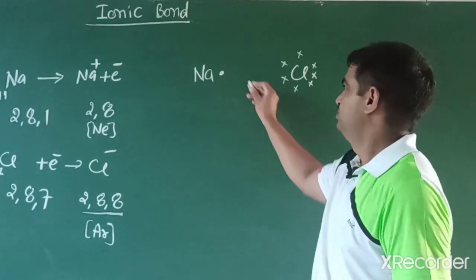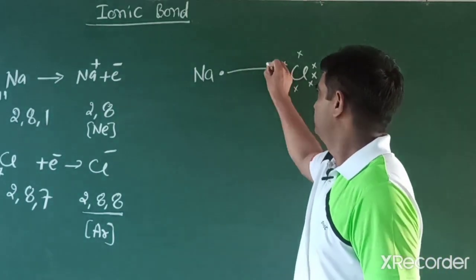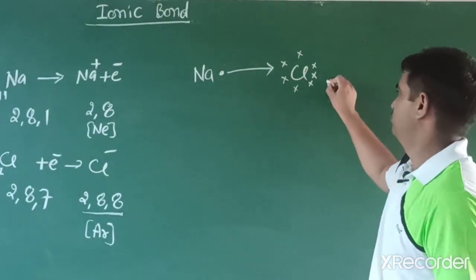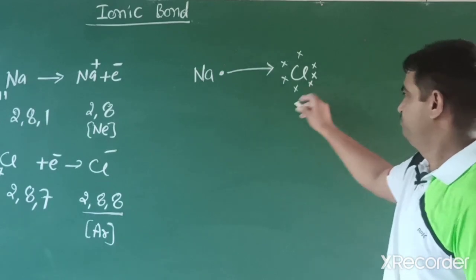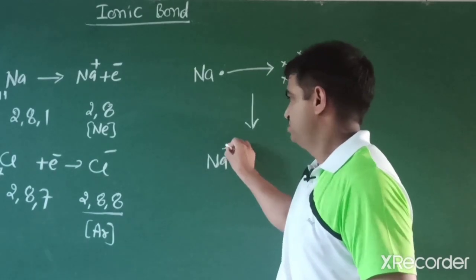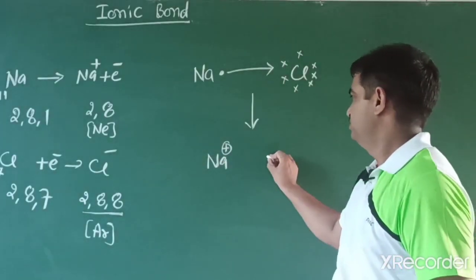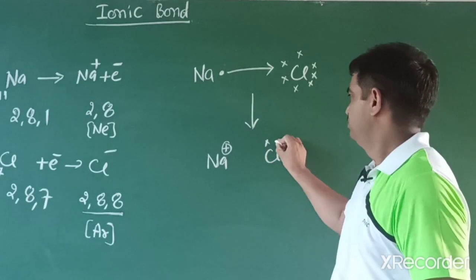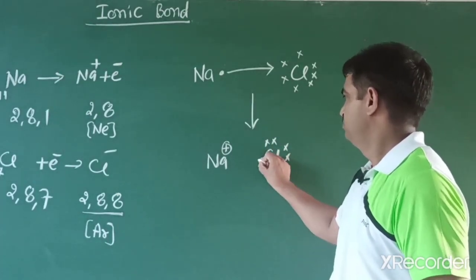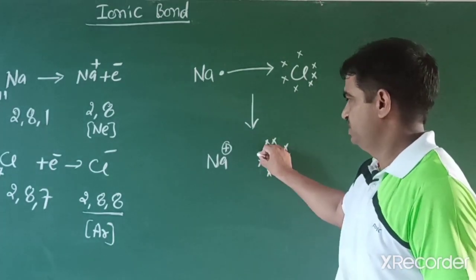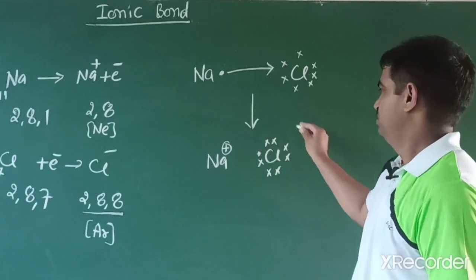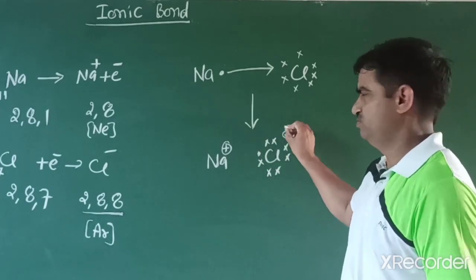What happens? Sodium loses the electron and chlorine gains the electron. Then it is converted into this: sodium gets positively charged, and this chlorine gets a negative charge because it gained 1 electron from sodium.